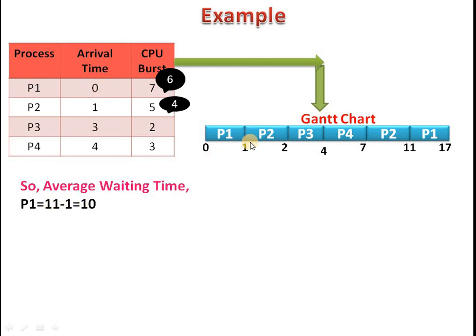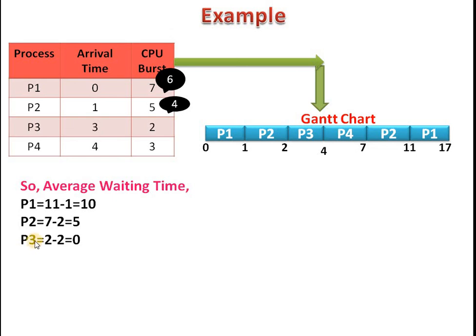So 11 minus 1, it's 10. 10 minus 0, it's 10. Next P2, its waiting time is 7 and it previously executed 2. So 7 minus 2, it gets 5 milliseconds.